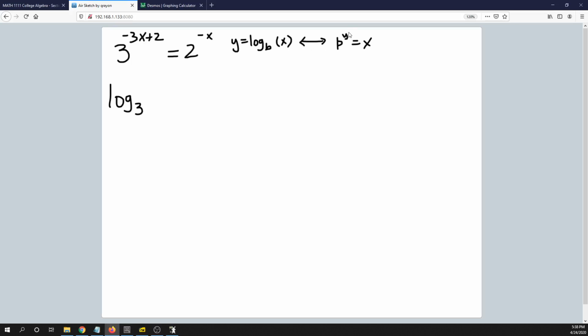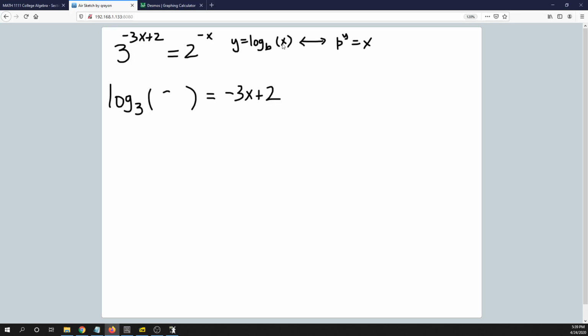Then the exponent of the exponential function is going to be by itself on one side. In that case, the minus 3x plus 2 is the one that I'm using. So that is the y. It's going to come down over here. And then the thing that's on the other side of the equation from the exponential function, in this case 2 to the minus x, is going to be inside the log, okay?